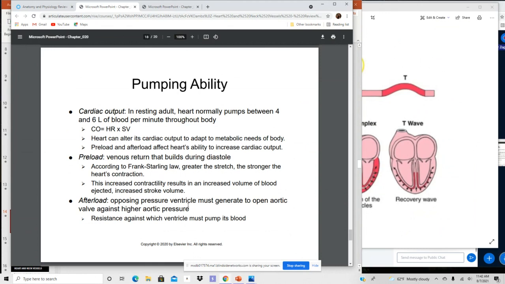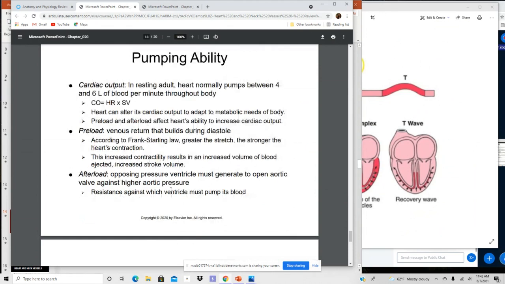Afterload is the opposing pressure the ventricle must generate to open the aortic valve against higher aortic pressures. So afterload is the resistance that the heart must overcome to get blood out of the heart. It is the resistance against which the ventricle must pump its blood, how hard the heart has to work to get blood out to the body.